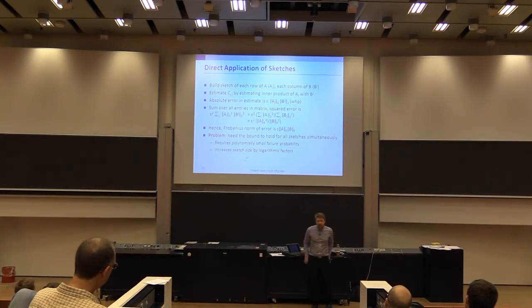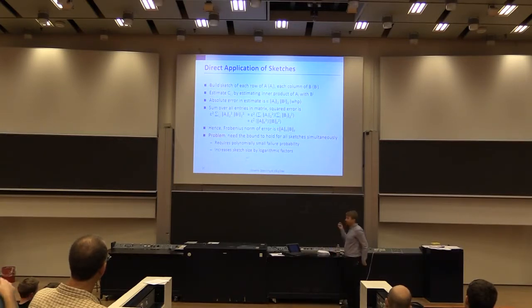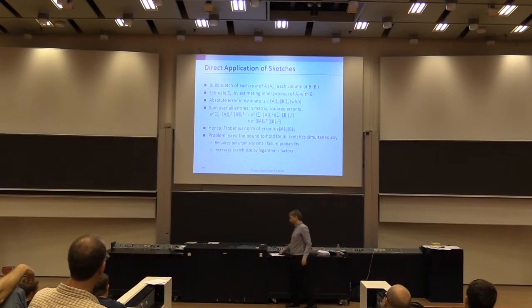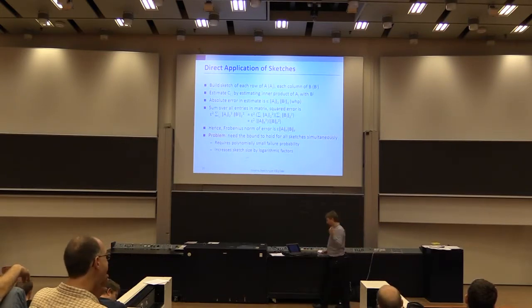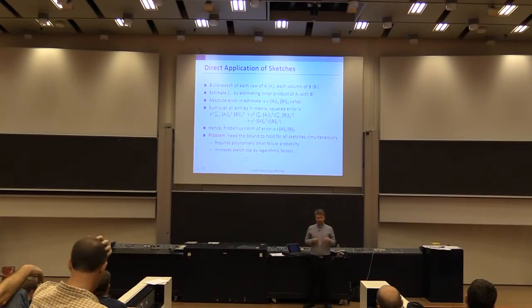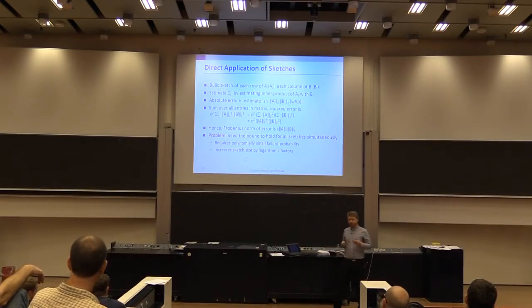Actually, even to get that, I need to be a little bit careful, because that error term that I got for a single entry, I got with some probability delta. Now I want that error to hold for every single entry of the matrix simultaneously. So I'll just make that probability of getting a bad estimate delta very small, so that when I add up all these estimates, the probability that all of them are good is still quite large by union bound.